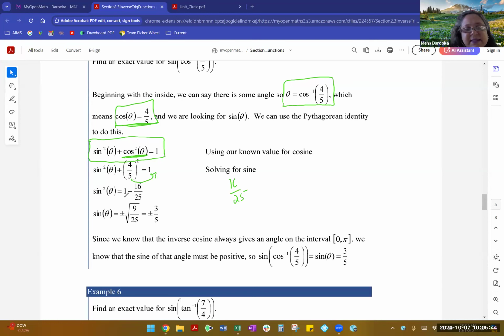Move it to the right-hand side, and that's where 1 minus 16/25 comes from. Simplify that. Since you have sine squared, we need to use a square root, and you get two separate answers, because a square root gives you one positive and one negative root.